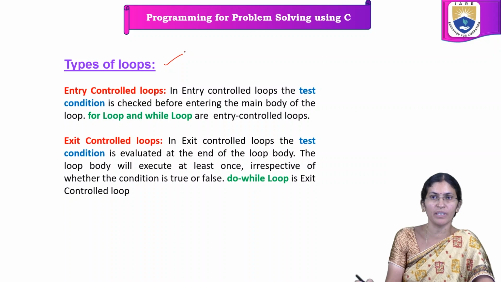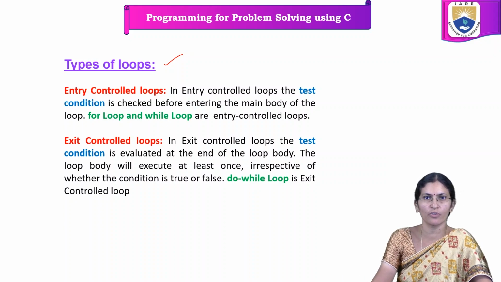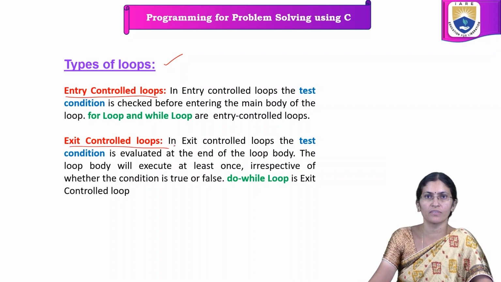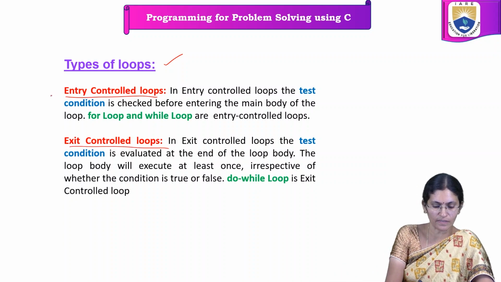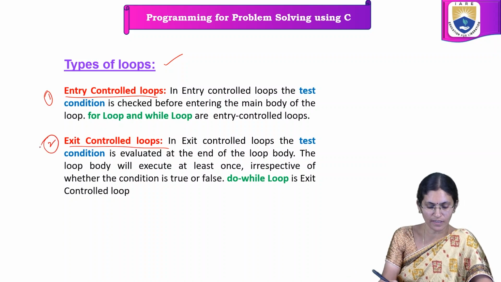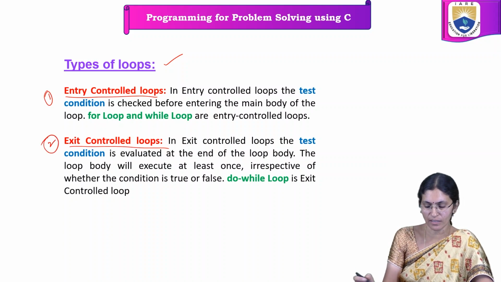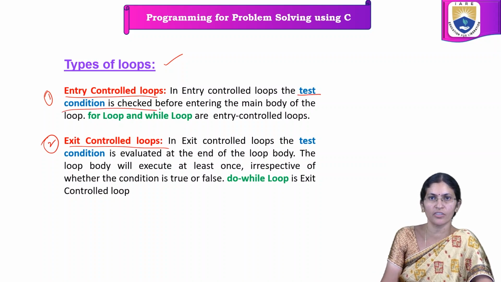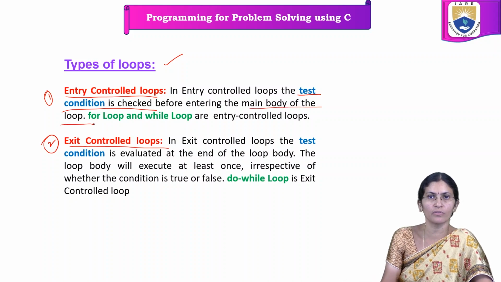Now, types of loops. We have seen that the classification is mainly based on entry control loops and exit control loops. This classification is based on where the test condition is checked. If the test condition is checked before entering the main body of the loop, then that is called an entry control loop.